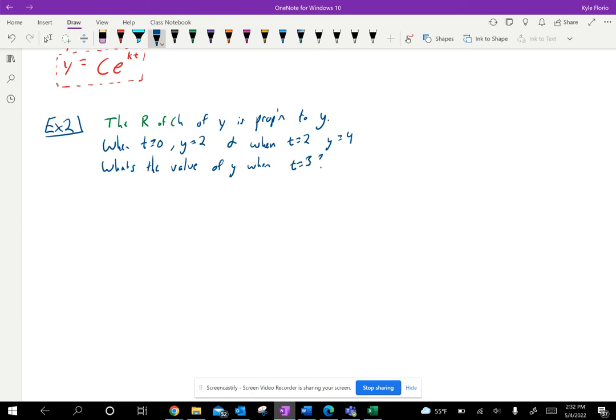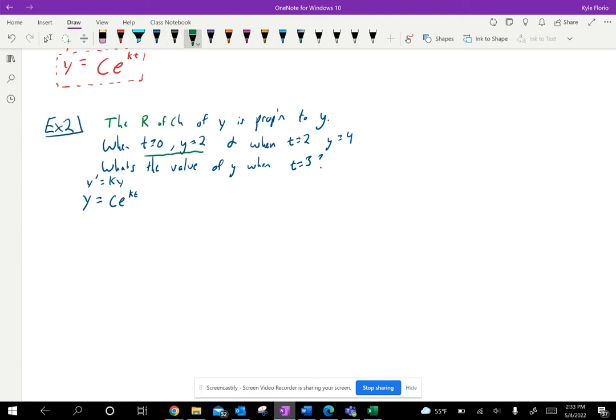Okay, so we're told that the rate of change of y is proportional to y. That first sentence tells me that y is equal to c times e to the kt, because if the rate of change is proportional to y, then y must be of the form c times e to the kt. When t is 0, y is 2.